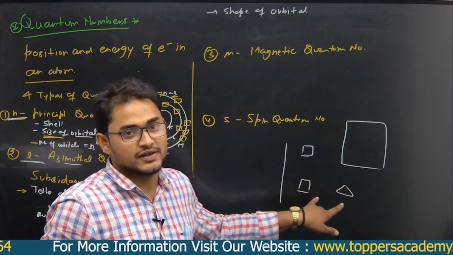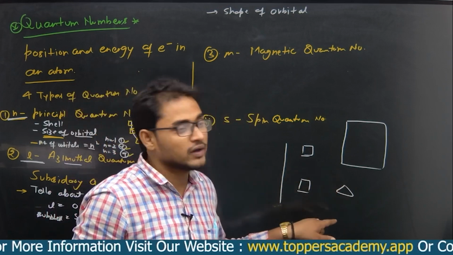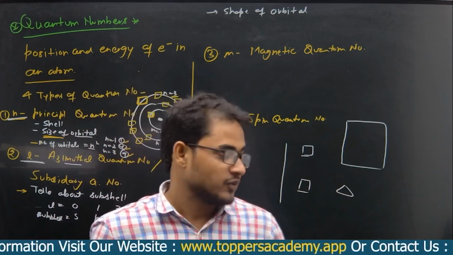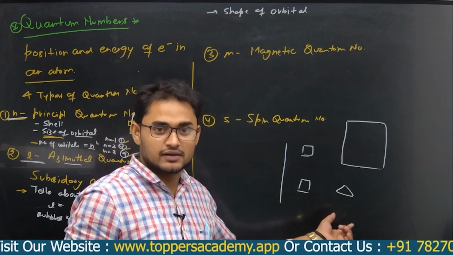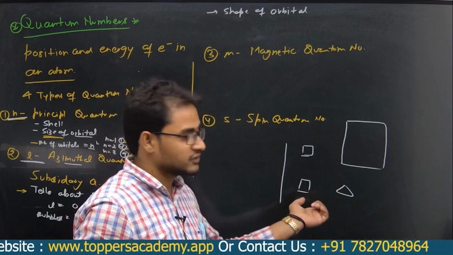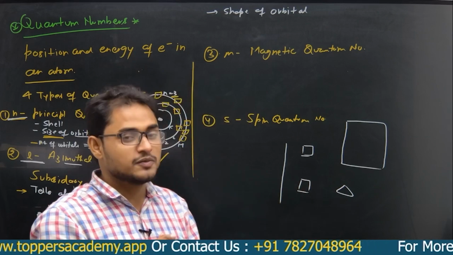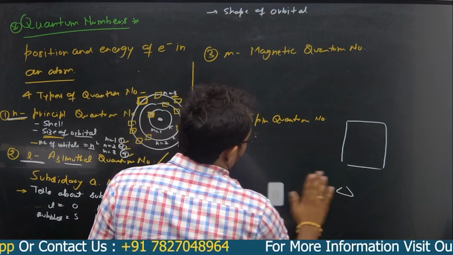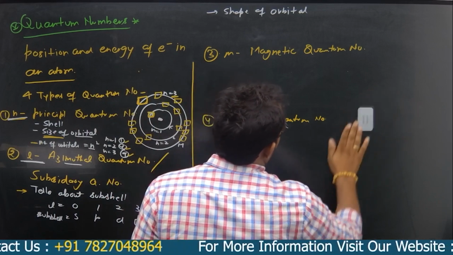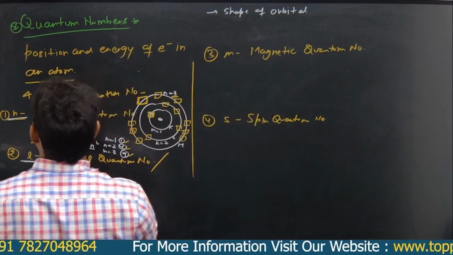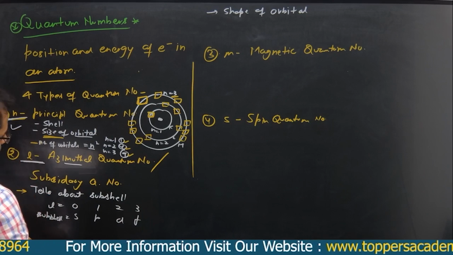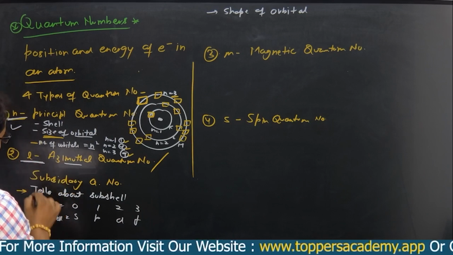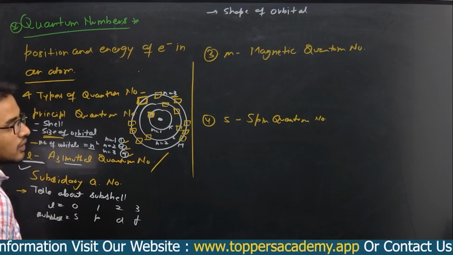Both have similar size, but both do not have the same shape, because one is a rectangle, one is a triangle. So there is a difference between shape and size. About size, we got the information from n. About shape, we got the information from l.